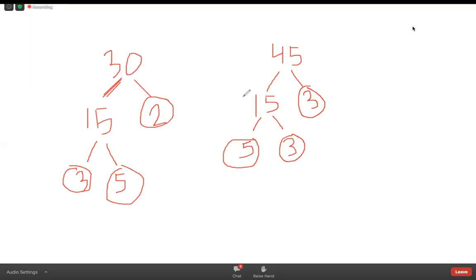Good. So to find the least common multiple, we know what a multiple is, right? Like a multiple of 3 is 9. Another multiple of 3 is 12. 3 times 3 is 9. 3 times 4 is 12. So when you multiply two numbers together, you get a multiple. So we're trying to find the least common multiple of 30 and 45.